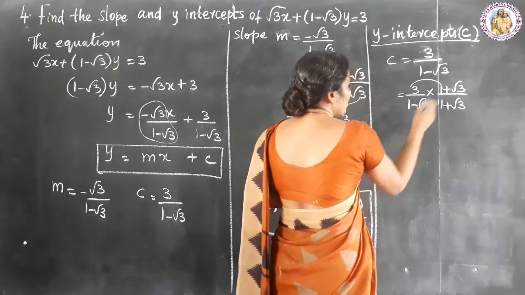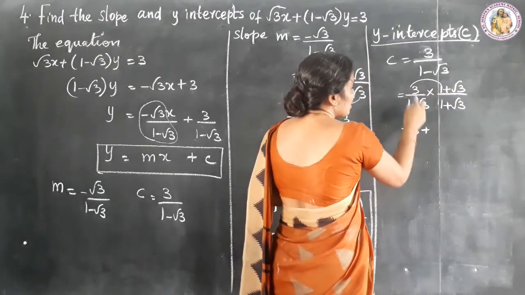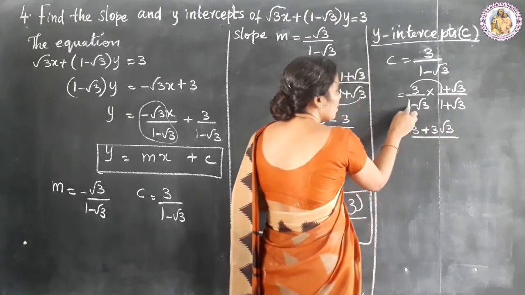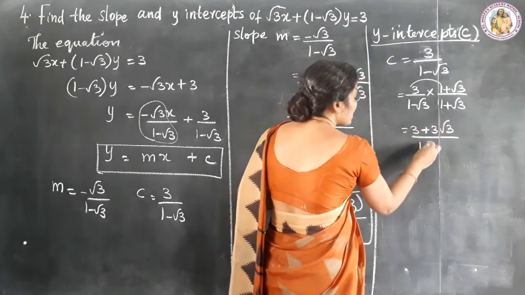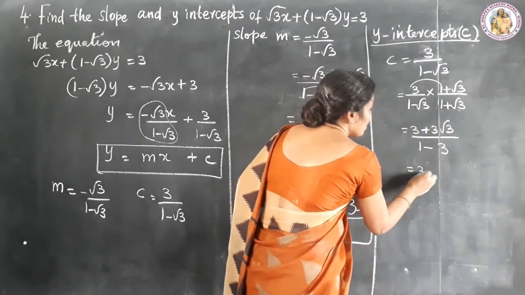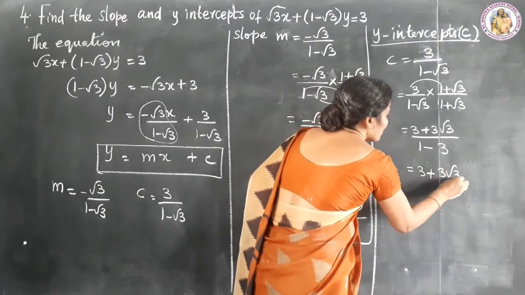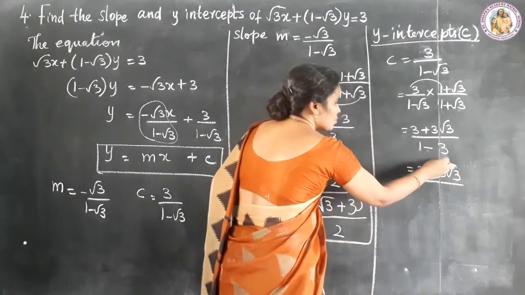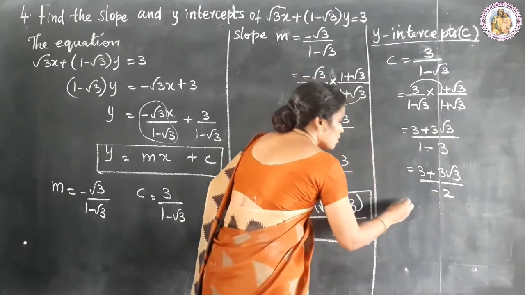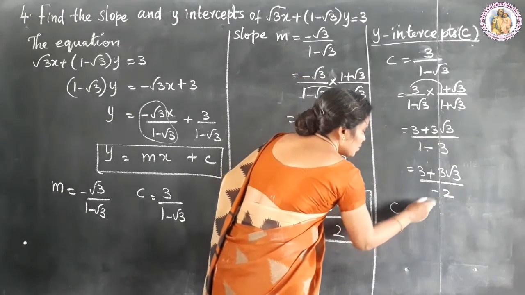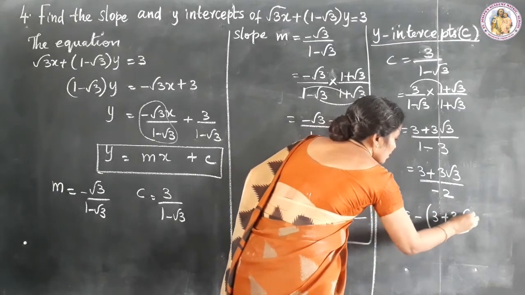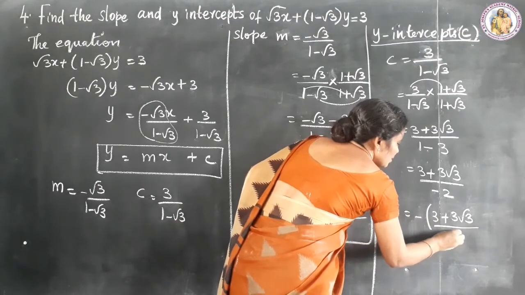Now multiply: 3 plus 3 root 3, divided by 1 minus 3. 3 is greater, so minus 2. Okay, now c is equal to minus 3 plus 3 root 3 by 2.